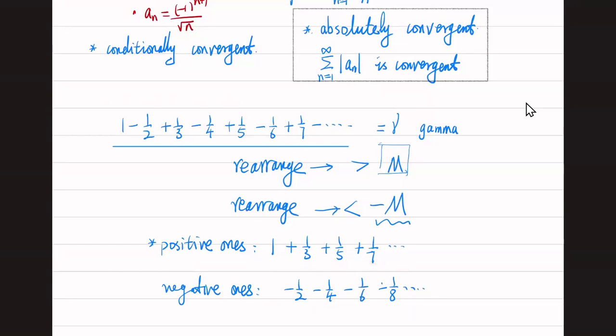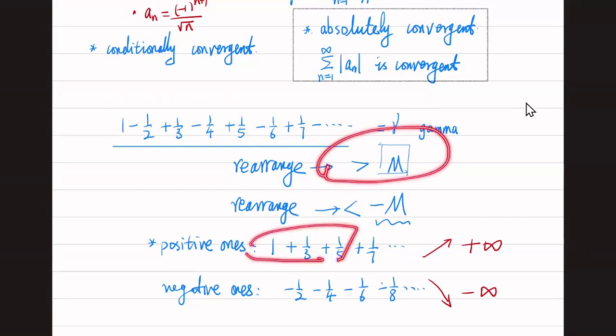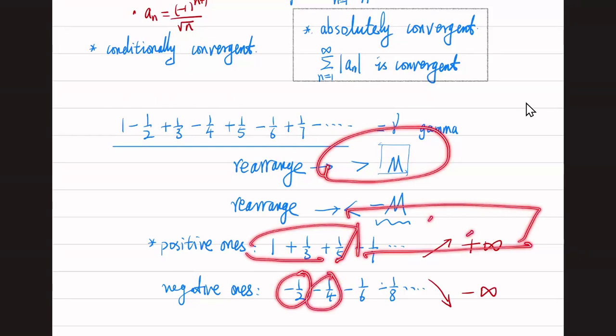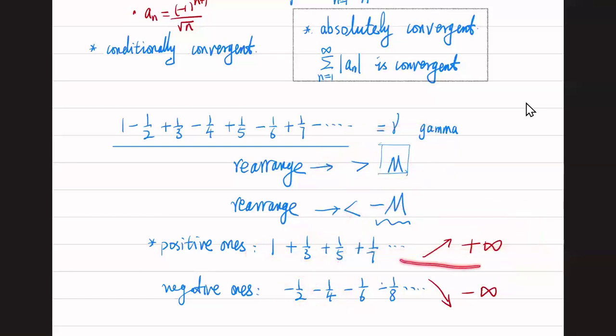This one diverges to positive infinity. This one diverges to negative infinity. If I want a large number, I will pick enough positive terms, add one negative term, another positive term bigger than 1, add a small negative number. So we have more than what we need, since this will go to infinity.